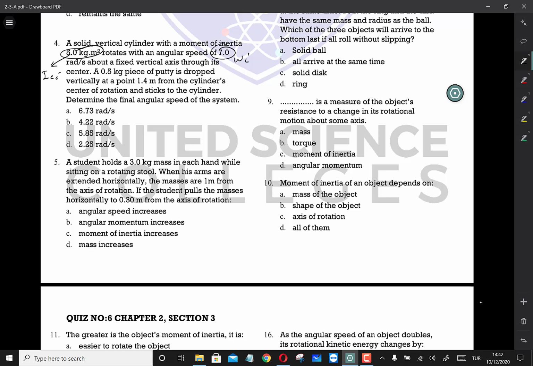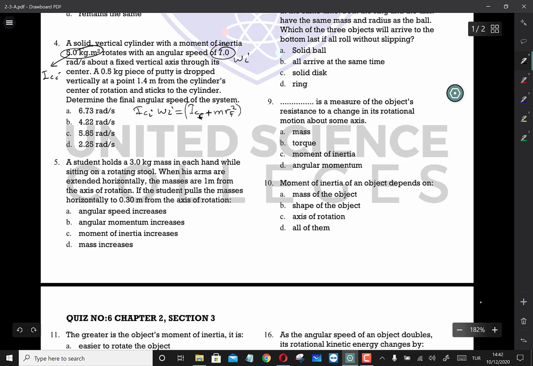Initially only the cylinder is rotating. That's why the moment of inertia of the system is only the cylinder's moment of inertia, because the putty is not rotating. It's rotating with an initial angular speed, but finally the cylinder plus the putty is rotating. The putty is moving in a circular path. That's why the moment of inertia of the putty will be calculated by m r final squared.